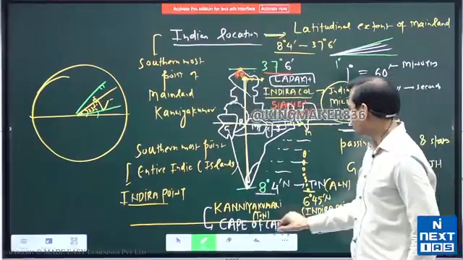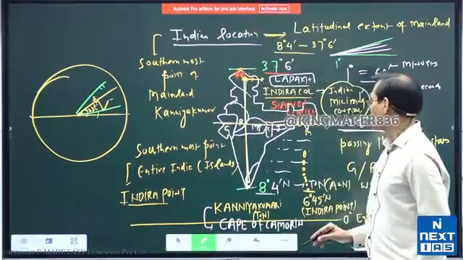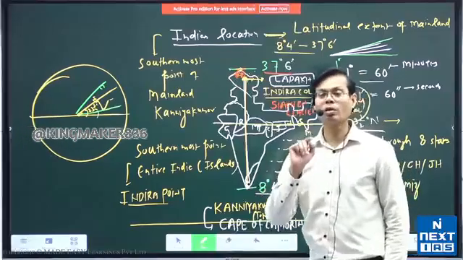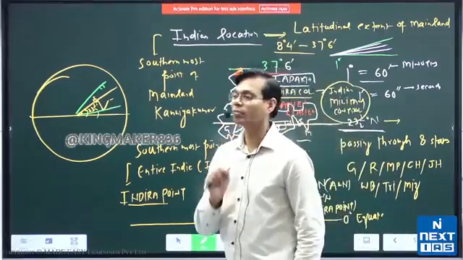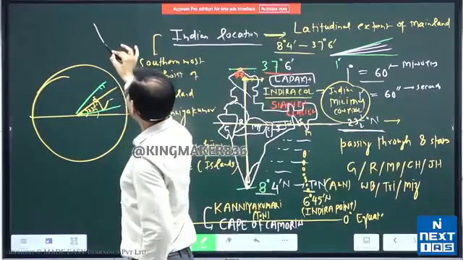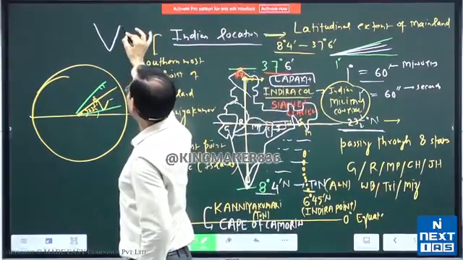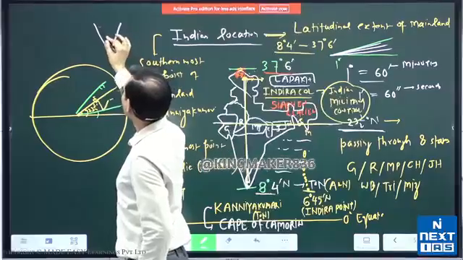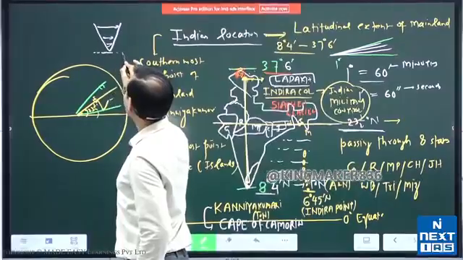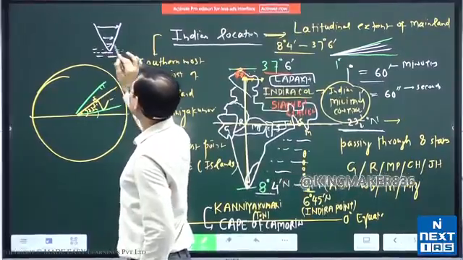But why this term Cape Comorin? Actually, Comorin is one name and Cape is a geographical concept. For example, you are aware that India in the south is more narrow, and which ocean is there? The Indian Ocean.